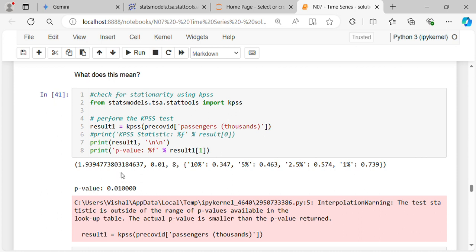The test statistic, which is 1.93 and so on, is outside of the range of p-values available in the lookup table. The actual p-value is smaller than the p-value retained.